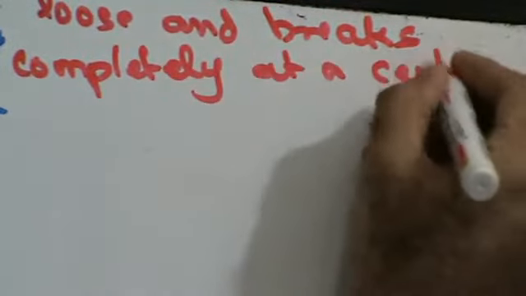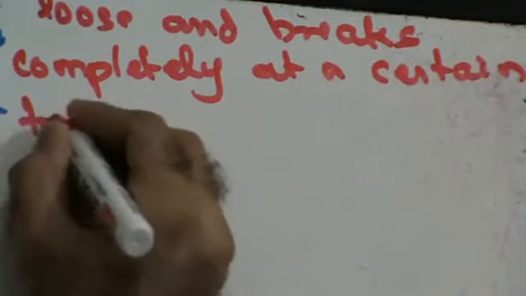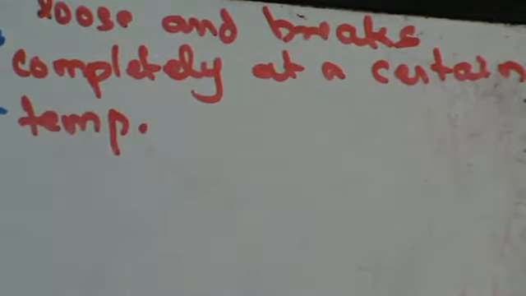Right? The coupling becomes loose and breaks completely at a certain temperature. Due to this, the axis of the atomic magnet in each domain gets oriented in all possible directions and the domain structure gets destroyed.